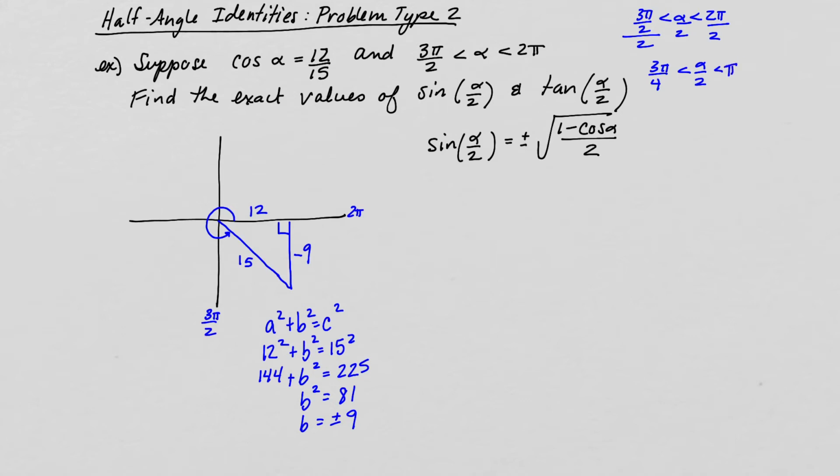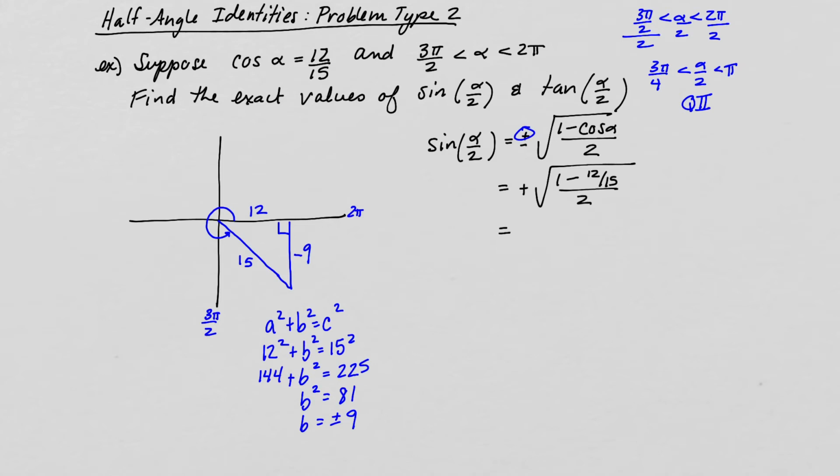So 3 pi over 4 to pi is actually in quadrant 2. In quadrant 2, the sine is positive, so we're going to take the positive case. So this is going to be positive, the square root of 1 minus the cosine of alpha, which is 12 over 15, all over 2.